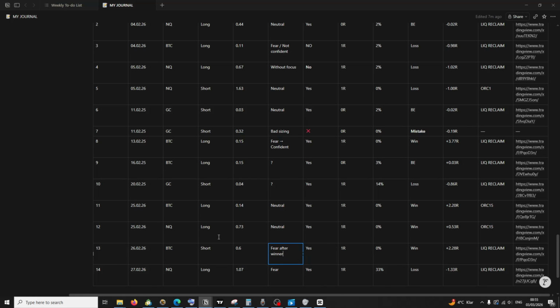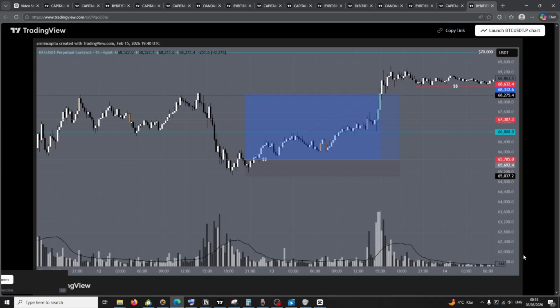So I had two winners and I had some kind of fear that this may end up in a losing trade, and I lose my profits, but I took it anyway. So yeah, expected loss would be 1 hour and 0% deviation, because this resulted in a winner. Ended up 2.28, and again liquidity reclaim, my swing system.